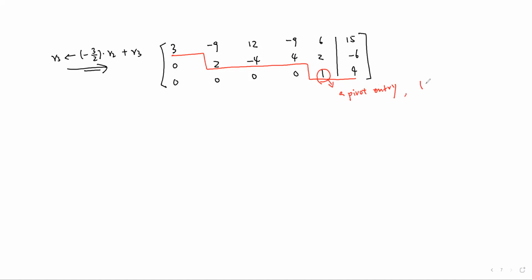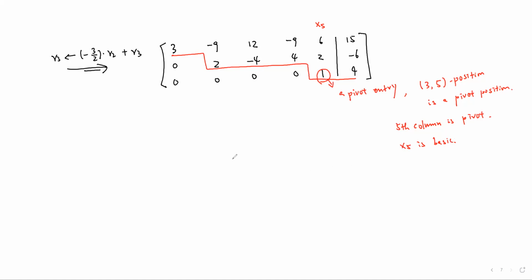The location is row 3, column 5, so the 3-5 position is a pivot position. Therefore, the fifth column is a pivot column, and the variable x5 is basic. A basic variable corresponds to a pivot column.